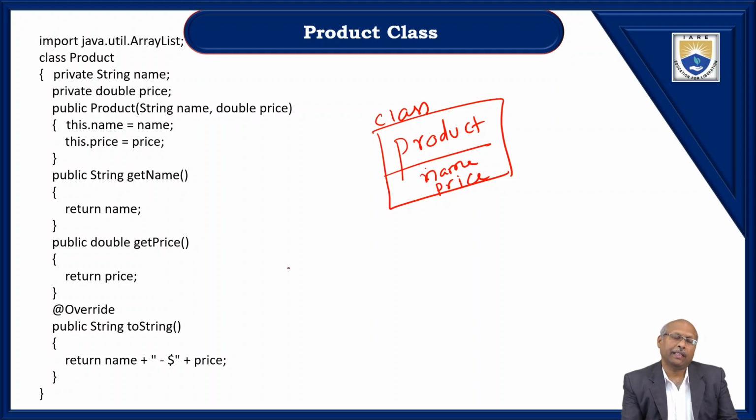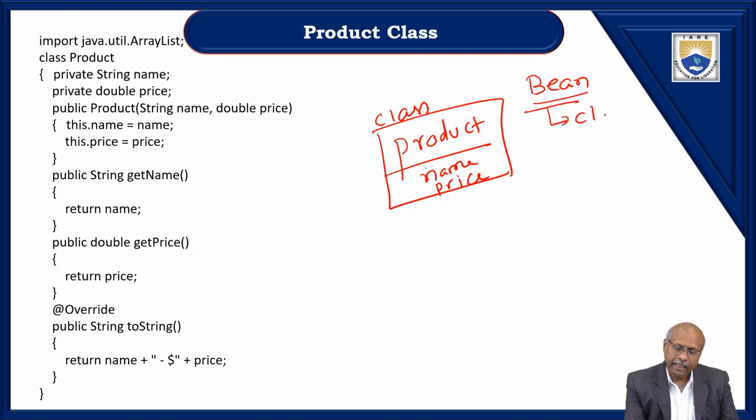Whenever you design it this way, this will be nothing but a bean. Remember, a bean is also a class. Every bean is a class, but it will have four important things.